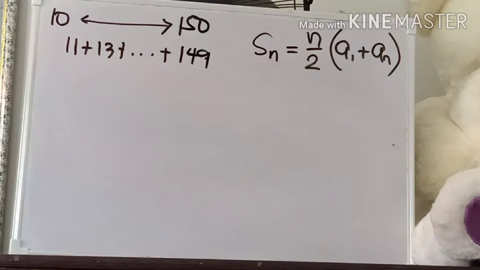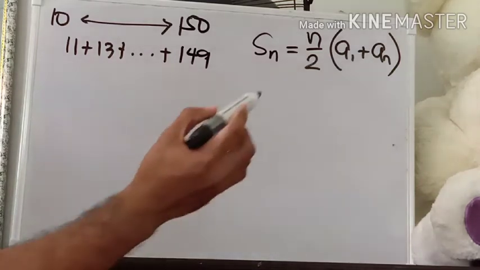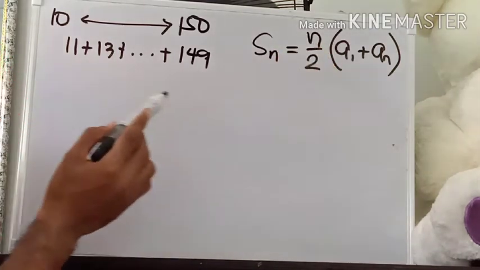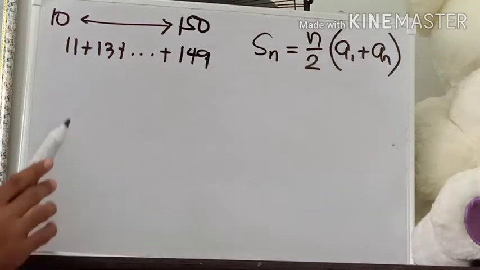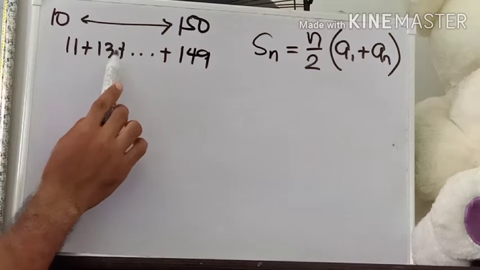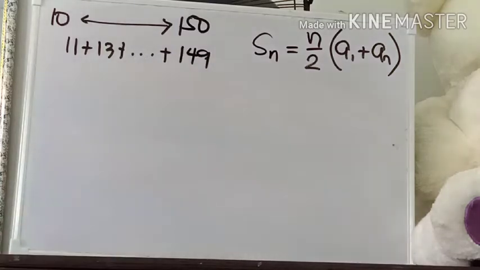However, the problem there is to figure out how many terms will be there from 11 to 149 in this series, 11, 13, and so on and so forth until 149. So what we are going to do is to use the formula for the arithmetic sequence.